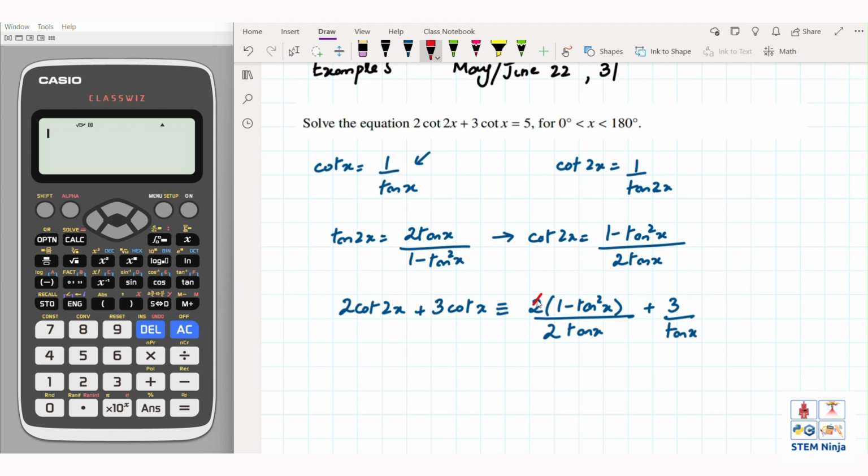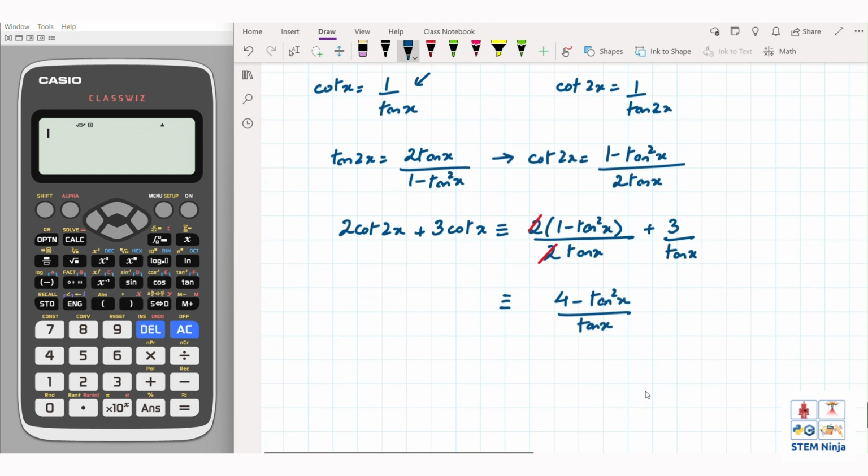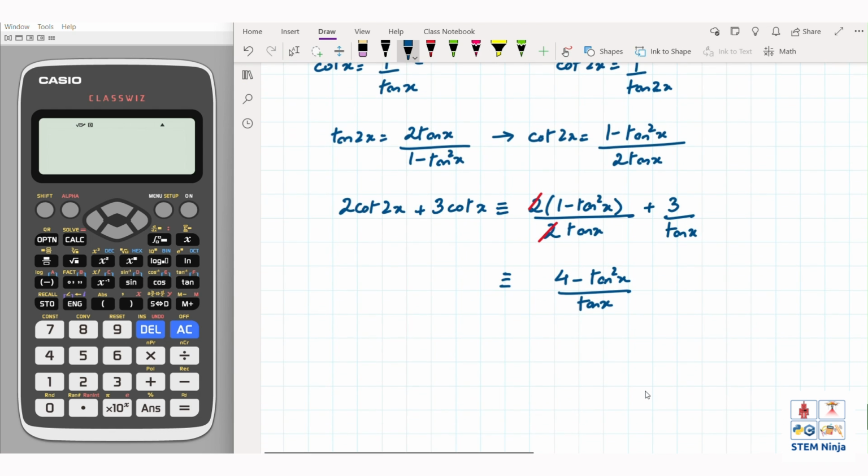Now this 2 and this 2 can get cancelled. So we have a common denominator over here. So this simplifies to 1 plus 3, 4 minus tan squared x over tan x. This is now equal to 5. So 4 minus tan squared x over tan x is equal to 5.